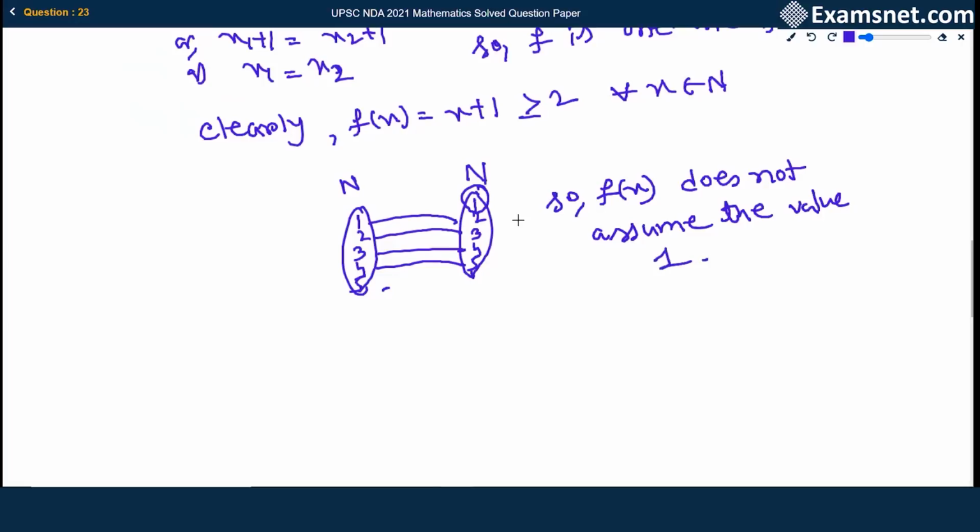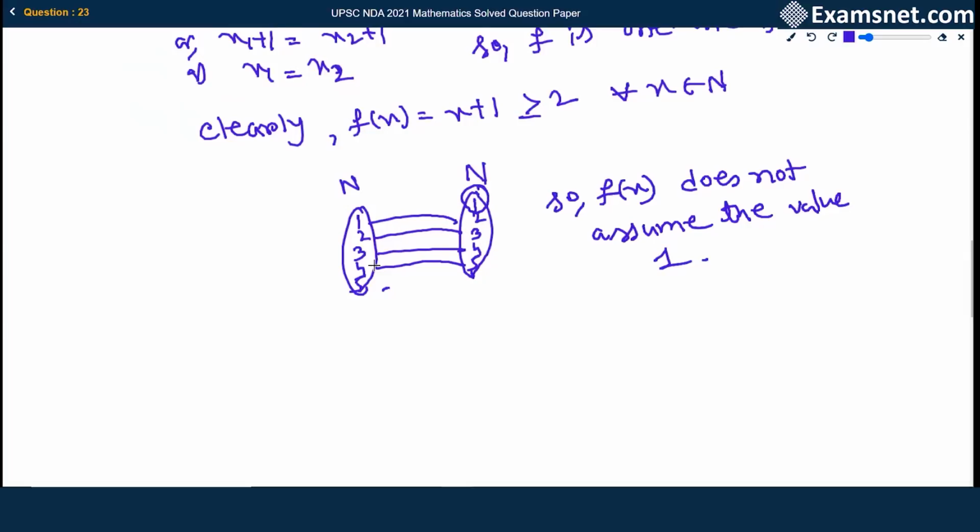So it can't be an onto function, because what is the definition of onto? Each element in the codomain of f has a preimage, but it's clearly evident that 1 has no preimage, right?